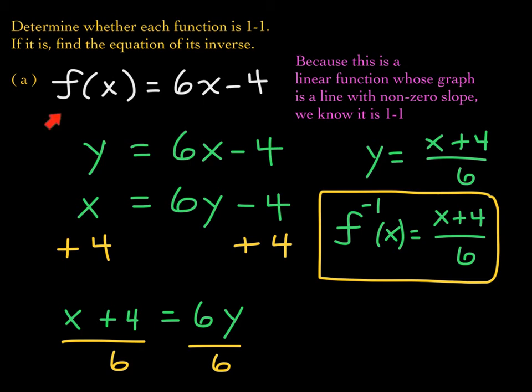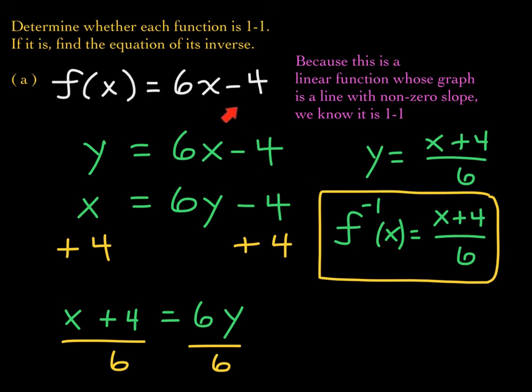Okay? Now, before we move on, I do want you to notice one thing. Notice that f is multiplying by 6 and then subtracting 4. f inverse is adding 4, dividing by 6. Do you see the relationship? Multiplication by 6, subtract 4. Add 4, divide by 6. The operations that f inverse uses are the opposite operations.